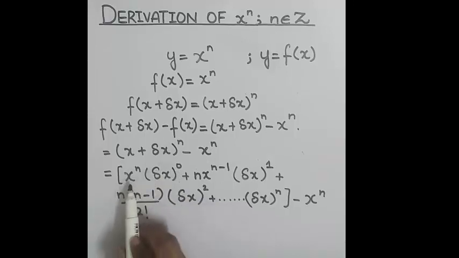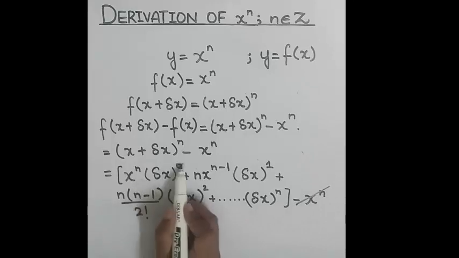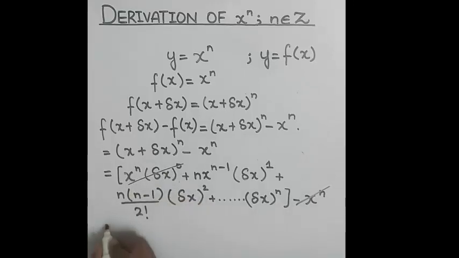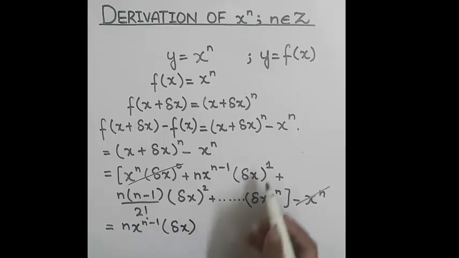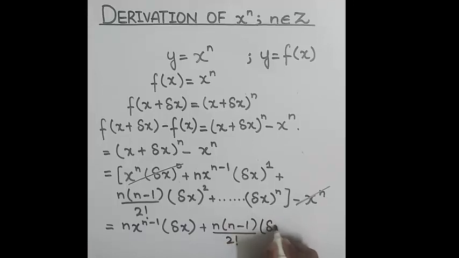So 1 multiplied by x raised to power n gives x raised to power n, and this is minus x raised to power n, so we can cancel out this term and we are left with n x^(n minus 1) delta x, plus n into n minus 1 over 2 factorial delta x square, plus delta x raised to power n.